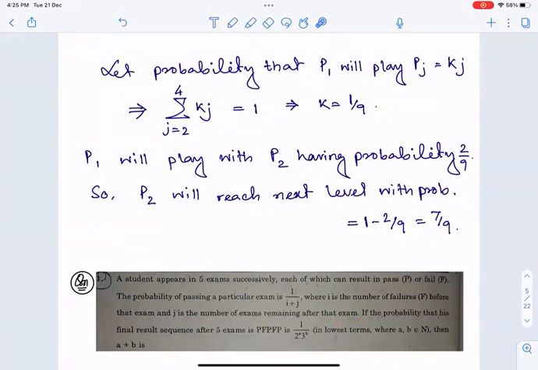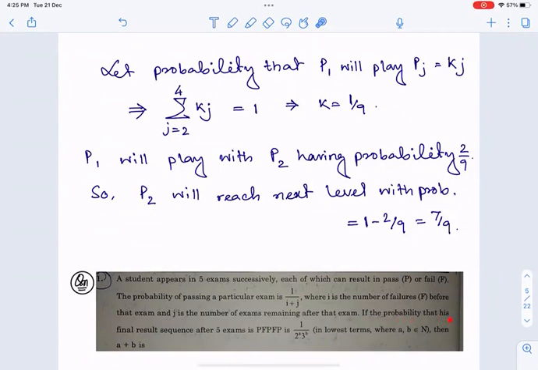So in the first examination, the probability of passing will be 1 by 0 plus 4. Is that okay? Because there is no failure before that, and after that we are left with 4 more exams, and so on.